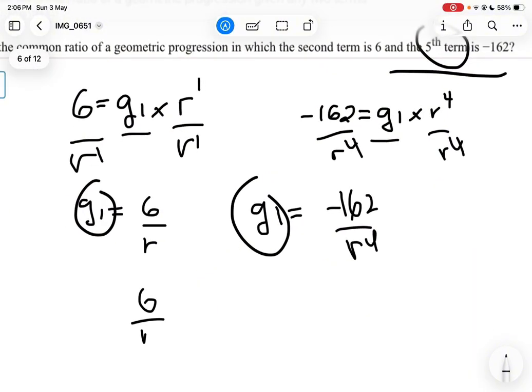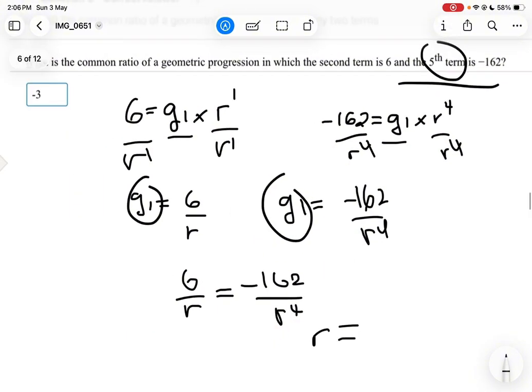So 6 over R is equal to -162 over R to the power of 4. You put this on the calculator: 6 over x equals -162 over x to the power of 4. You press shift solve, and you'll get R equal to -3.